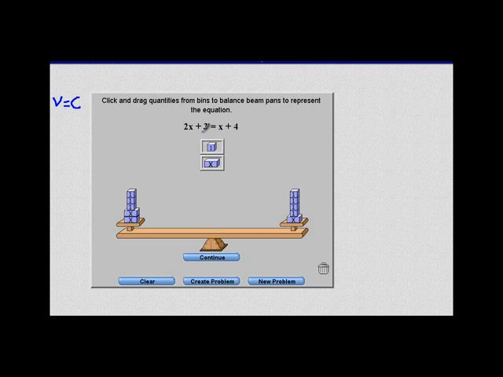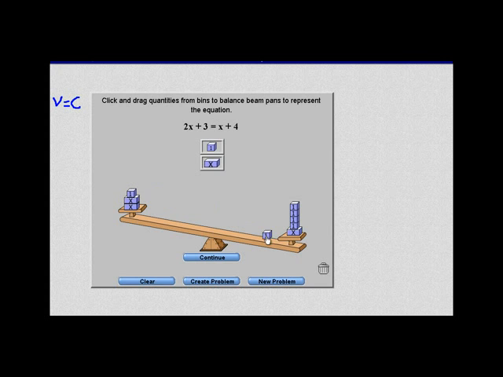So let's subtract 3 from both sides. And visually, I do that this way. I subtract 3: 1, 2, and 3. Since I subtract 3 from the left, it's fair that I also do the same on the other side, so minus 3.